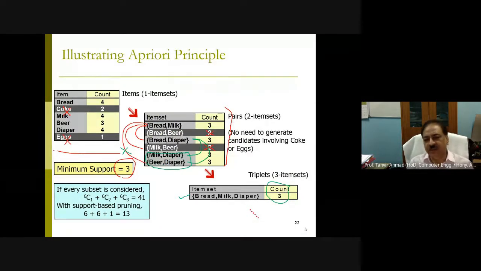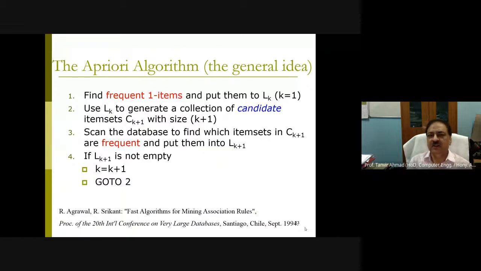Now this is the algorithm, and now just try to convert this into a formal algorithm. It's too simple. Now this is the Apriori algorithm. What I said, I'm just trying to put into an algorithmic form. What you do is find frequent 1 item sets and put them into L of k. Now L of k is nothing but the item sets of length 1, because you are having one item set.